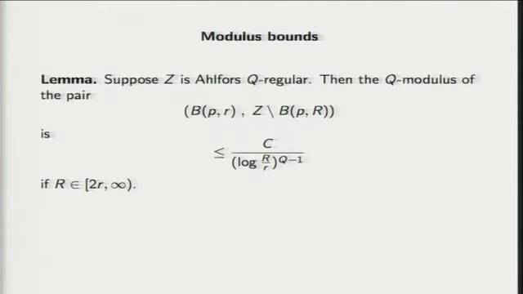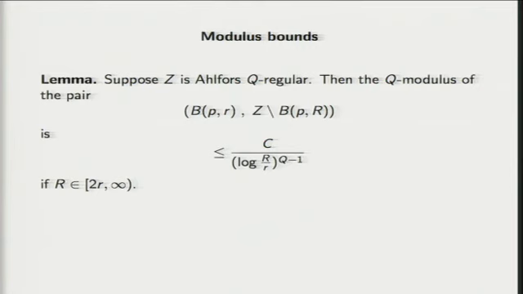The curve family will be the curves that start in the little r ball and go outward until they leave the bigger R ball. Essentially, it's the radial curve family for a metric annulus. The assertion is that this is bounded by this function here.